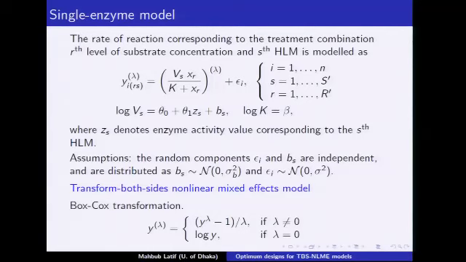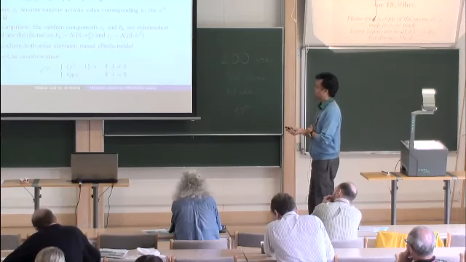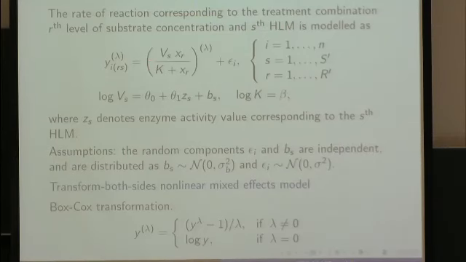And this lambda indicates the Box-Cox transformation. We assume after transforming both sides of the model, assumptions hold. So we checked with our data, and we found this is the best model.